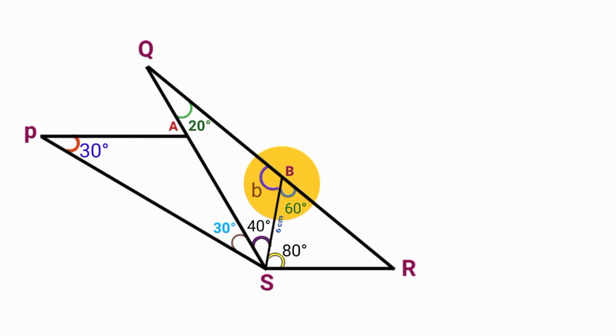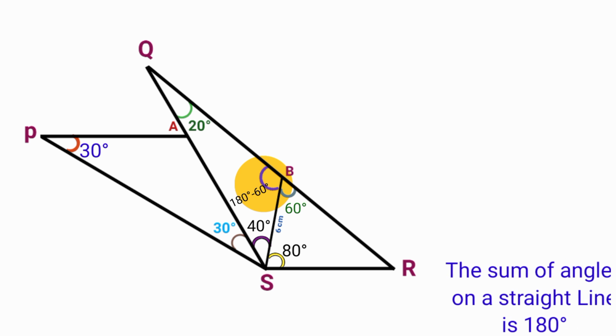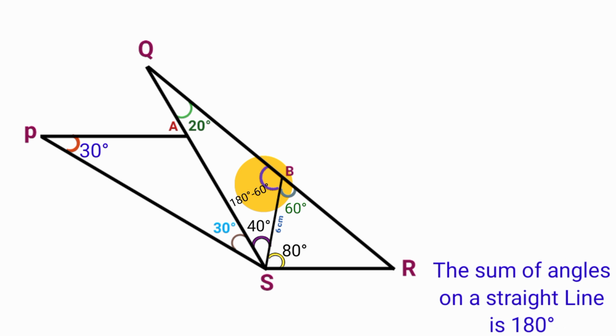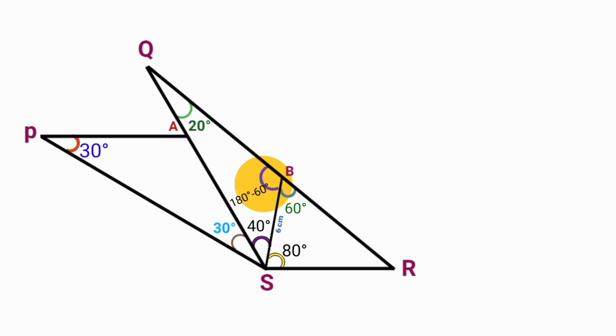Coming back here, since this is a straight line and this is 60 degree, this must be 180 degree minus 60 degree, because the sum of angles on a straight line equal to 180 degree. 180 degree minus 60 degree is 120. So this angle here is 120 degree.